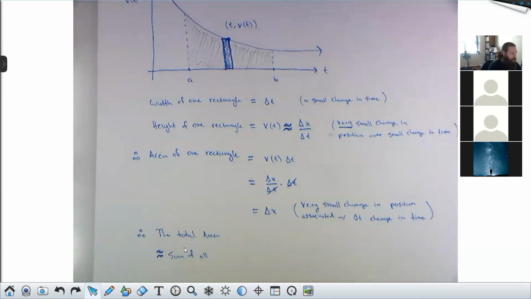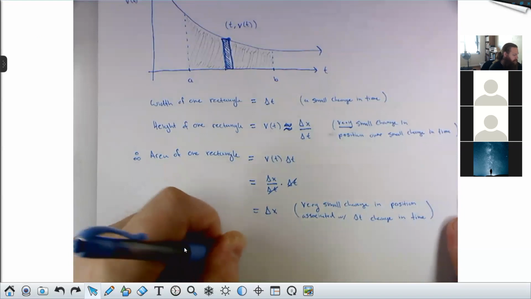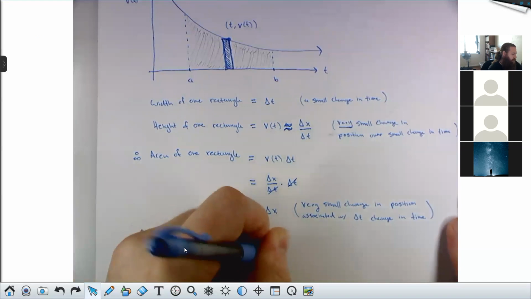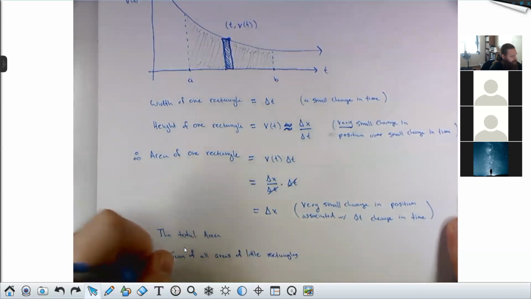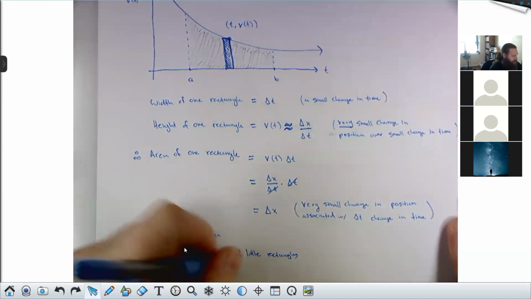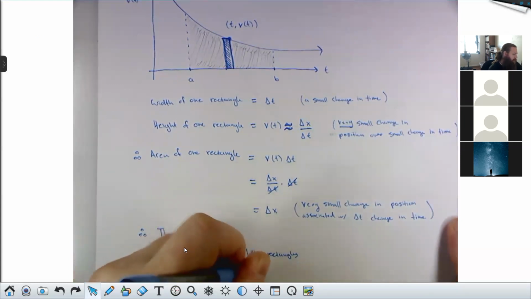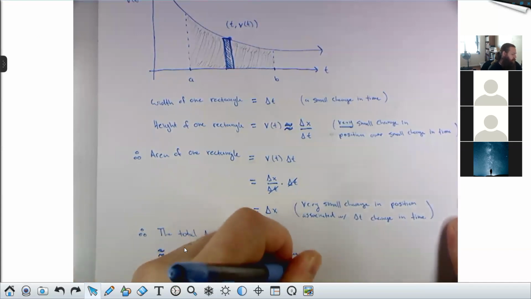So when you add up all the rectangles, the sum of all the areas of the little rectangles is equal to the sum of all the little changes in position.